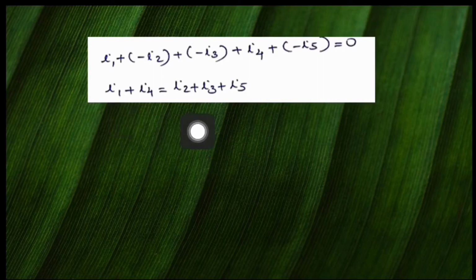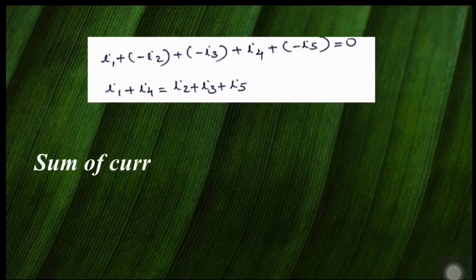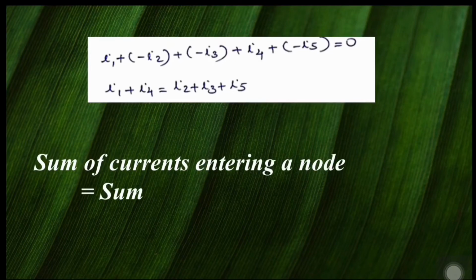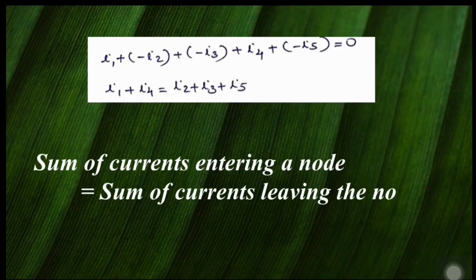On the other hand, the right hand side represents the sum of outgoing currents. So we can mathematically express Kirchhoff's current law as: sum of currents entering a node is equal to sum of currents leaving the node. That's all I want to say about the concept of Kirchhoff's current law.